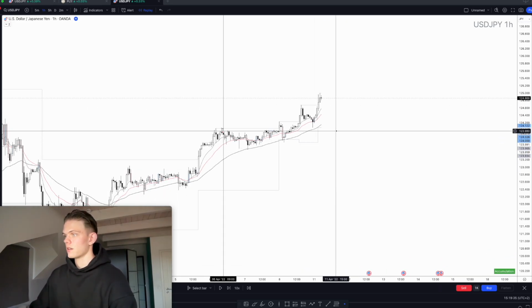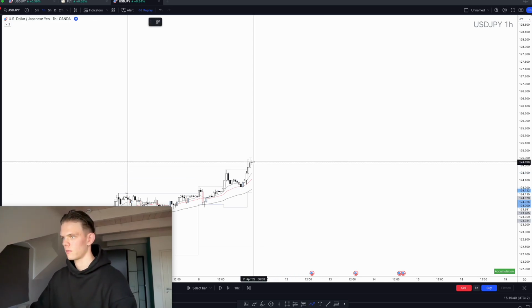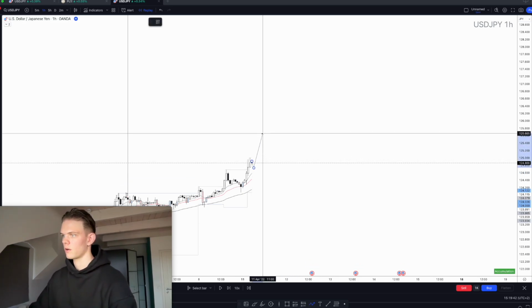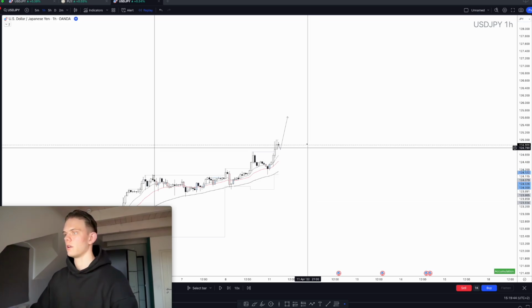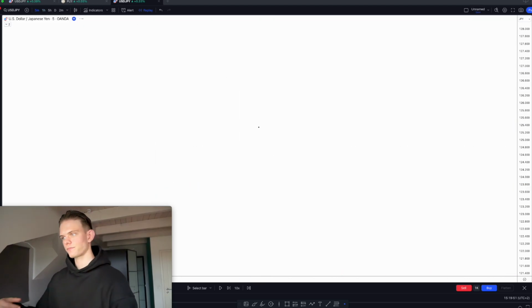So this thing keeps going long, and probably right now comes down and goes for the next move up until obviously it breaks down. But for now, I would be stupid not to expect this thing to keep going long.